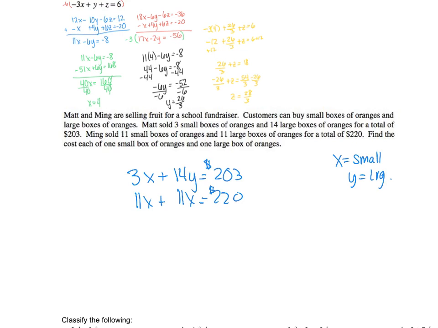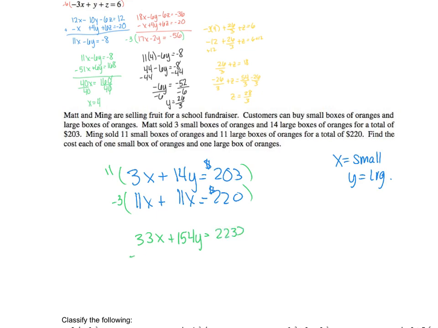All right, so let's go ahead and eliminate x. We'll multiply this by 11, this by -3. So we have 33x plus 154y equals 203 times 11, 2233.